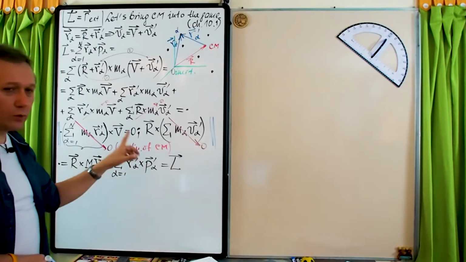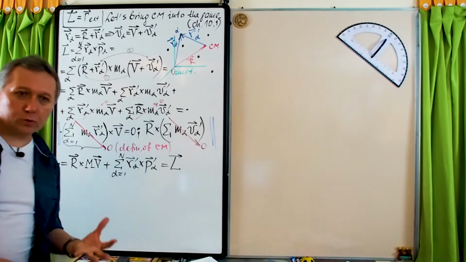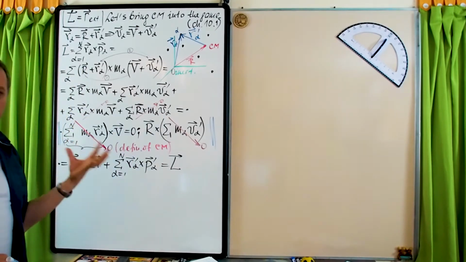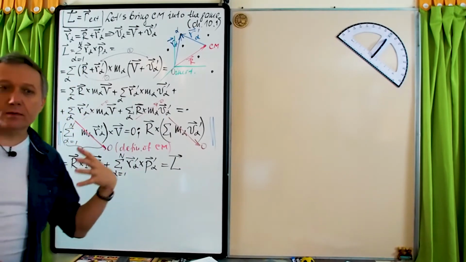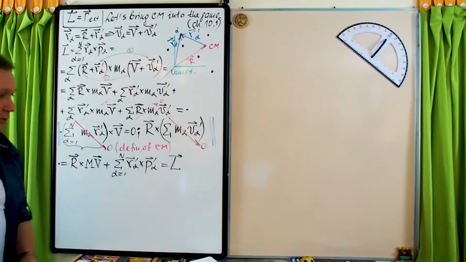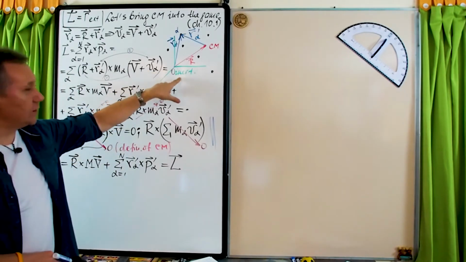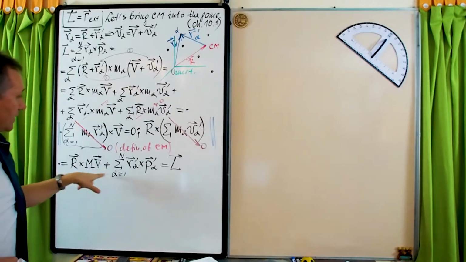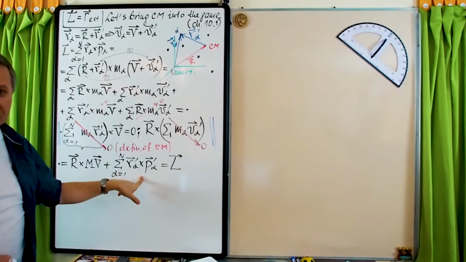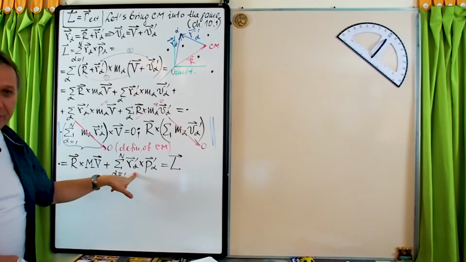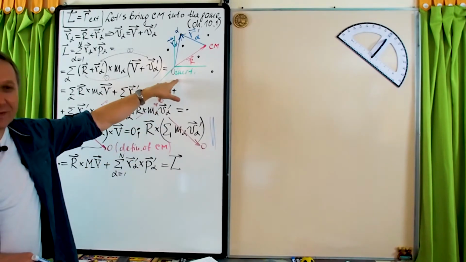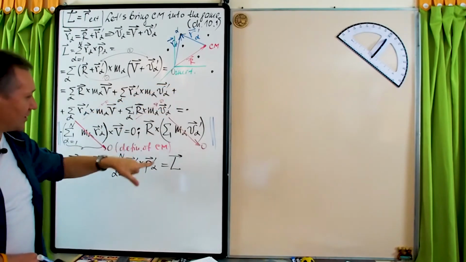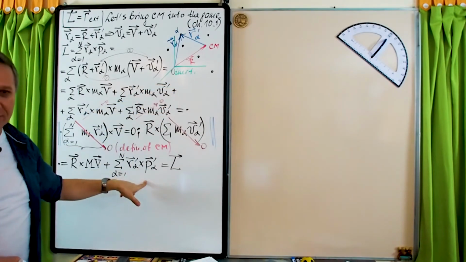And if you add them all up, it will be the total angular momentum of particles relative to the center of mass. So this is relative to the inertial reference frame, relative to the origin O. This is relative to the center of mass. So it looks like this term doesn't care about the inertial reference frame. It just lives by itself.